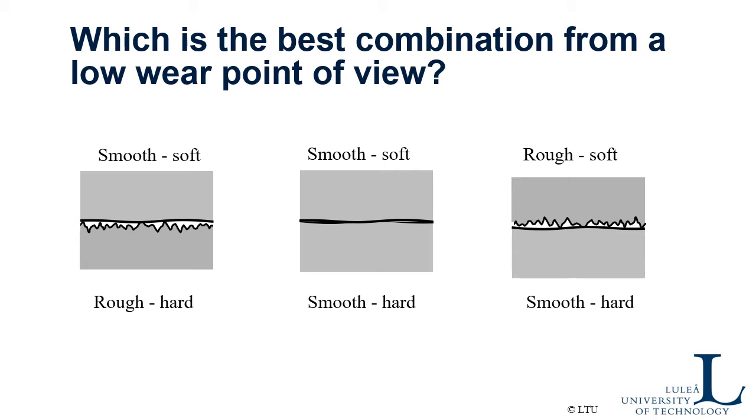And as you may expect, the third case is then the best one, since you then have a rough, soft and a smooth, hard. That means that the smooth, hard will not penetrate into the softer one, because there are no sharp asperities on that one. So you can't really create much abrasive wear.